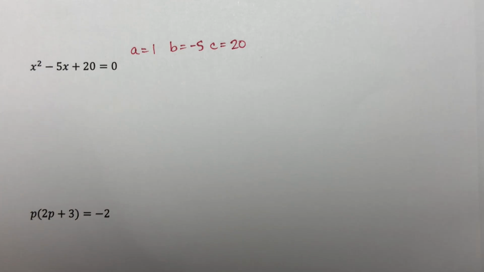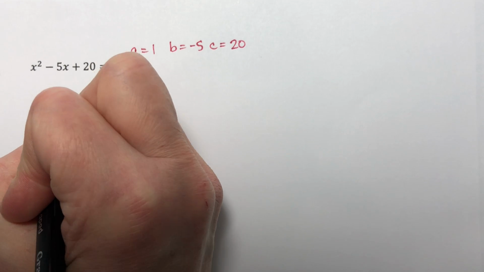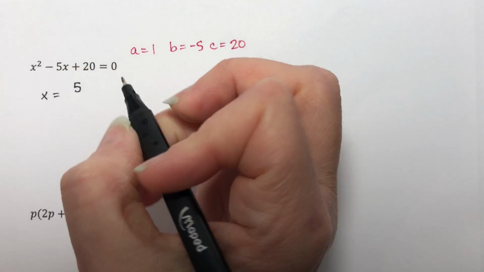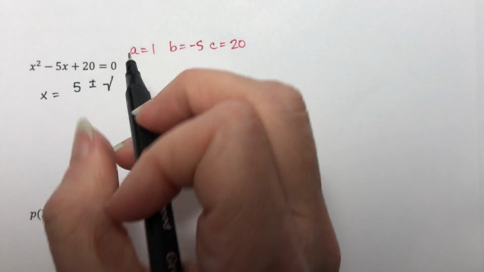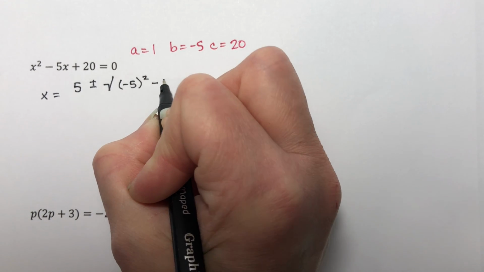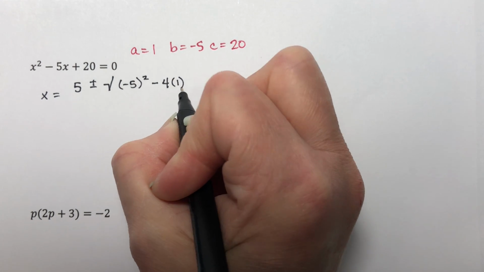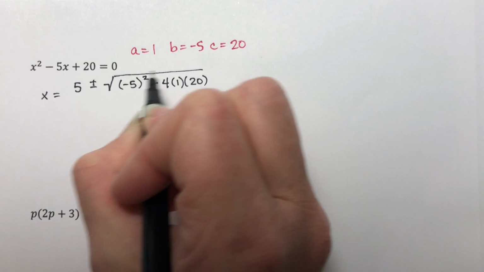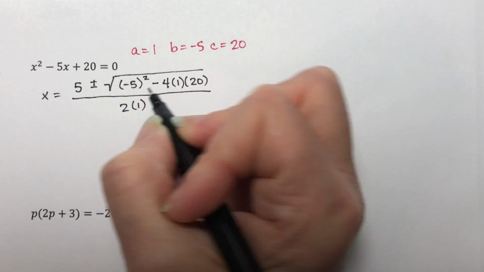Now plug into the formula. x equals negative b, so that's negative 5, so I write down a positive 5, plus or minus the square root of b squared, in parentheses, negative 5 squared, minus 4, because the 4 is always in the problem, times a times c. And this is all over 2 times a, which is 1.